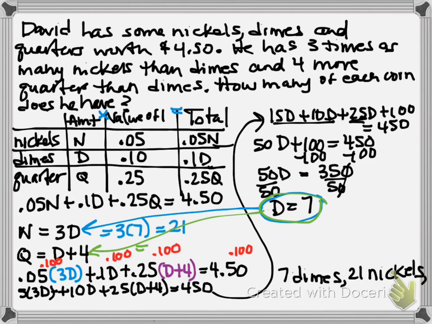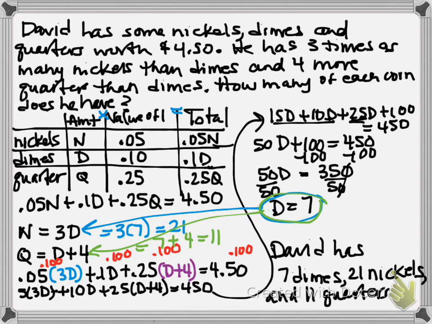That's going to give me 7 plus 4, or 11. And then we would say, and 11 quarters. Now, I would prefer that you write this as a complete sentence. So we could say, David has 7 dimes, 21 nickels, and 11 quarters. Okay?